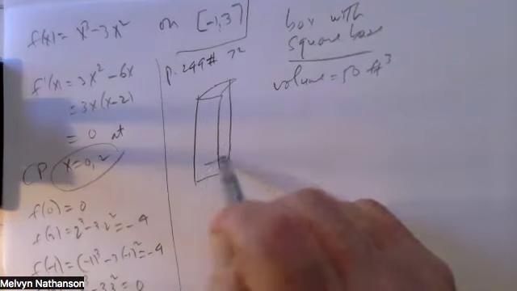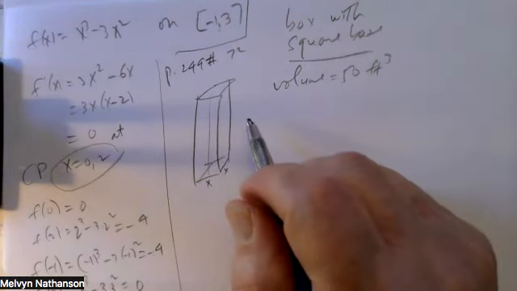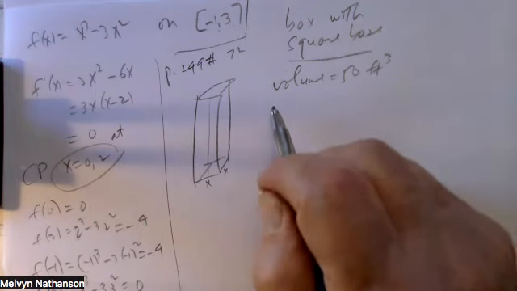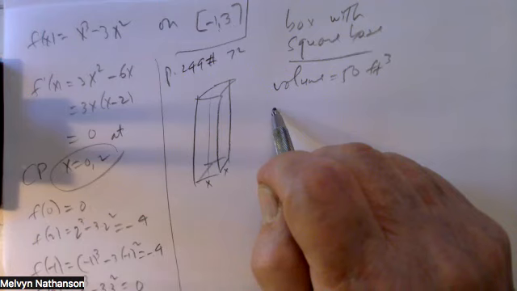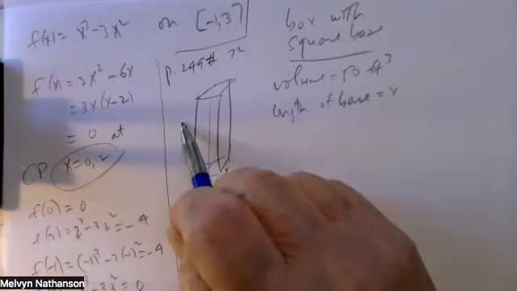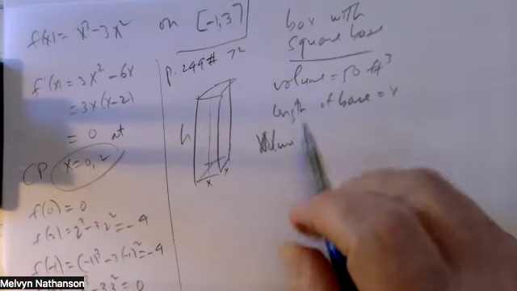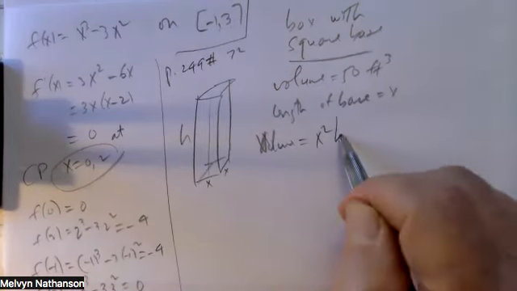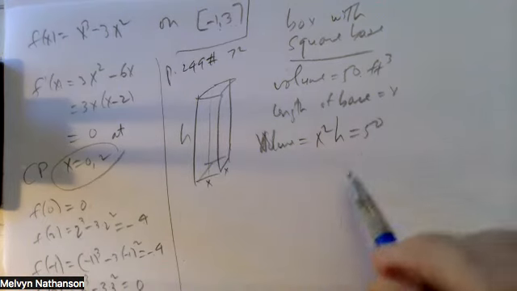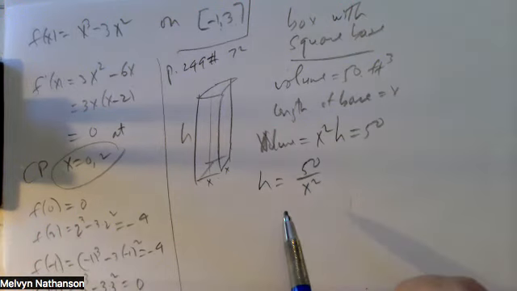Suppose that the length of the side of the base is equal to x. In that case, the volume is the area of the base, x squared, times the height. And we're told the volume is fixed at 50. So once you pick x, h has to be equal to 50 over x squared.